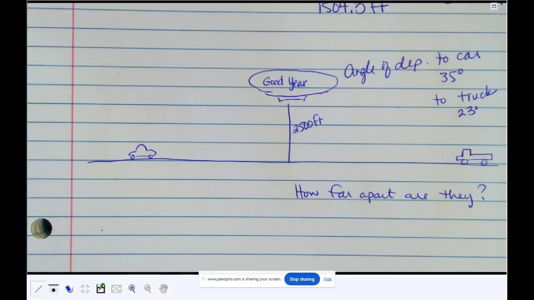You want to make sure that you are going horizontal and down.